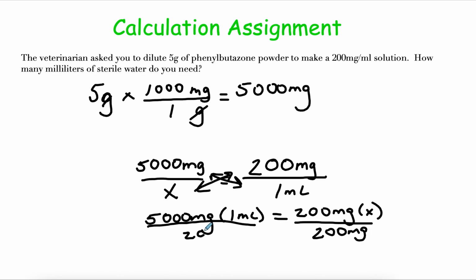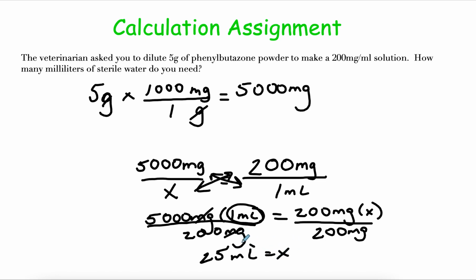And that's just basic algebra. And when we do that, our milligrams cancel out so that we can be sure that our answer is in milliliters. And when I divide 5,000 by 200, I'm going to get 25 milliliters as my answer.